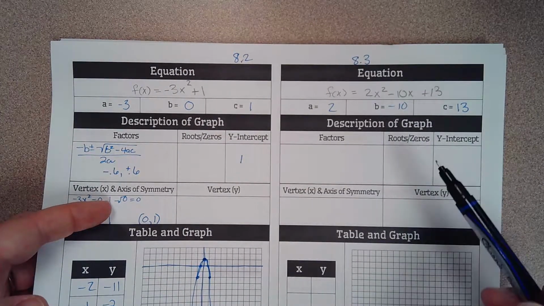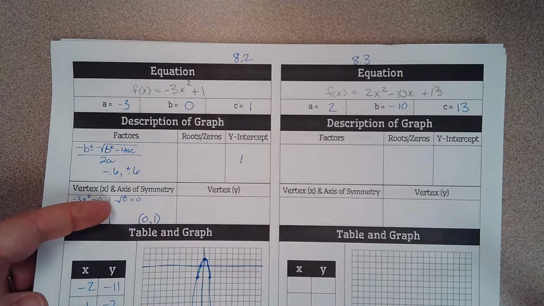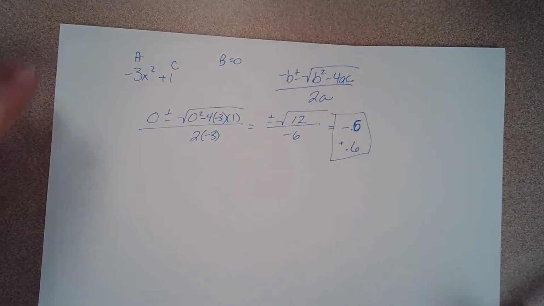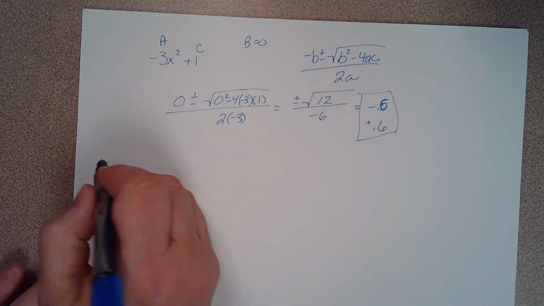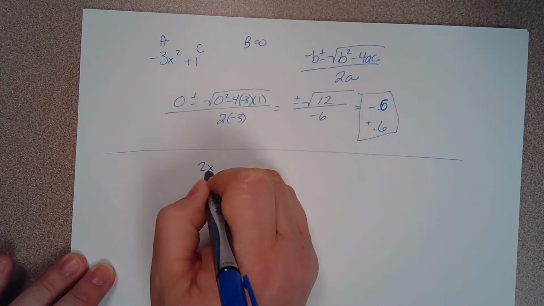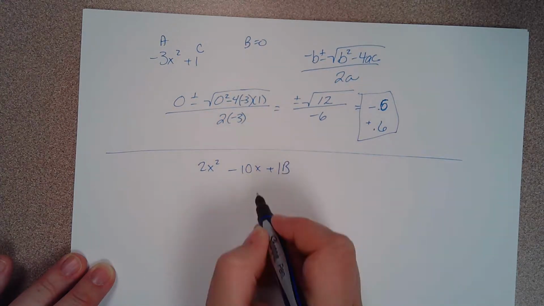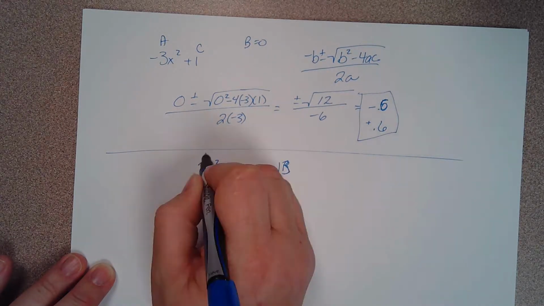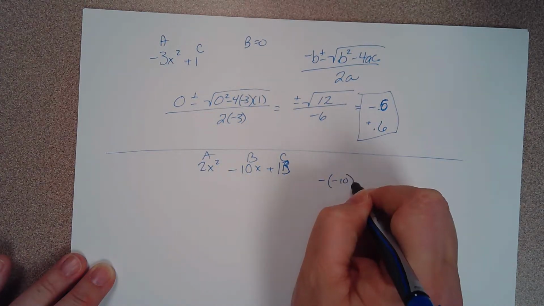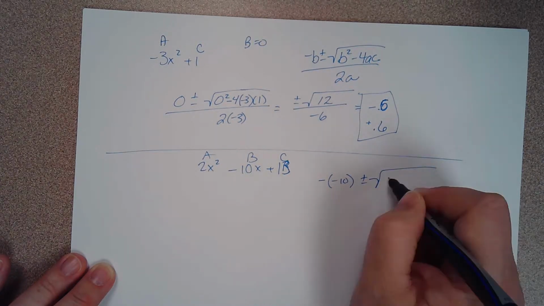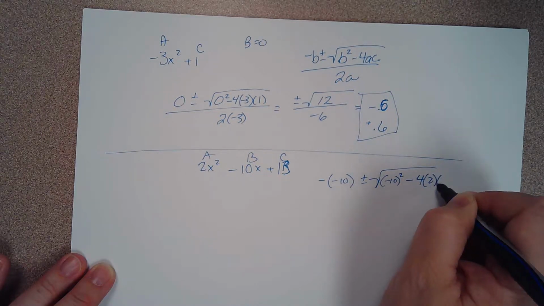In this one, you have to use this formula over here to get your factors. So here we go. We are going to have 2x squared minus 10x plus 13. Sorry about the bad looking 3 there. So A, B, and C. For B, it's going to be negative 10 plus or minus the square root of negative 10 squared minus 4 times A times 13.